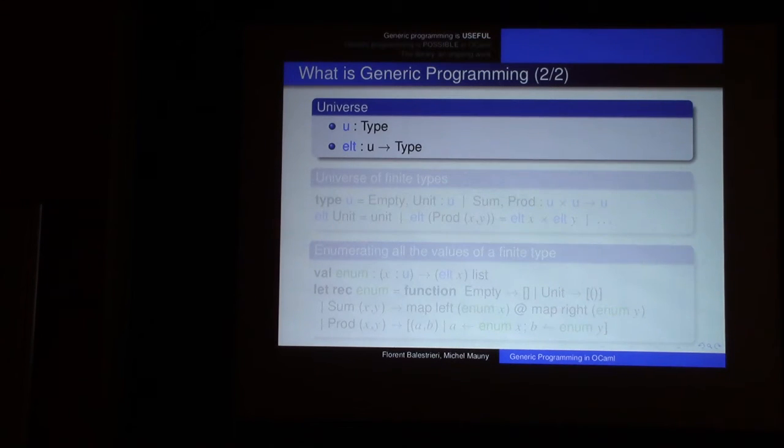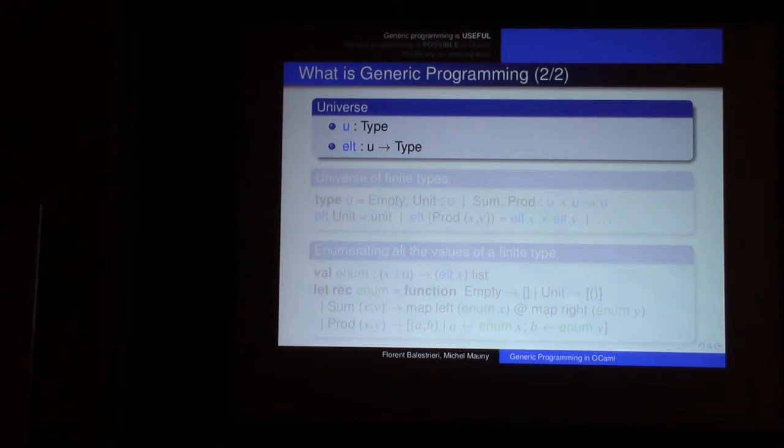Now I go into more detail, and I think the best way of explaining generic programming is using type theory. A universe of types is given by a type of names, U, and an indexed type that gives the meaning of these names.